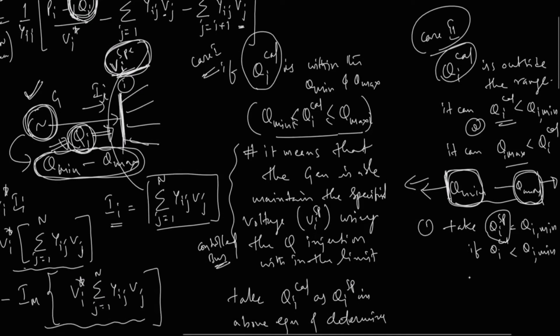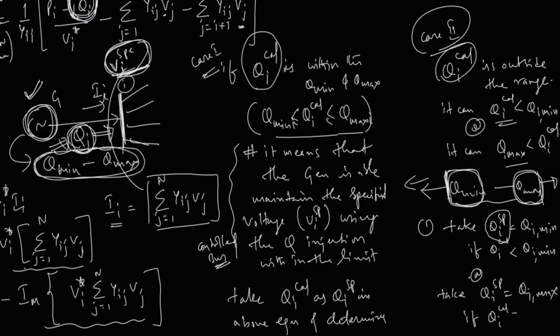Right? So that is, take Qi specified equal to Qi minimum if Qi calculated is less than Qi minimum, or take Qi specified equal to Qi maximum if Qi calculated is greater than Qi maximum. If this calculated value is greater than this maximum, then take Qi specified equal to Qi maximum.